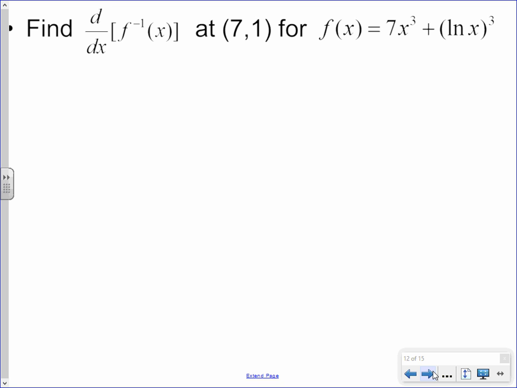The inverse or the function? As you read this, find the derivative of f inverse at 7, 1. Or f of x is blah, blah, blah, blah. Is 7, 1 on the inverse of the function? Inverse. It's on the inverse.